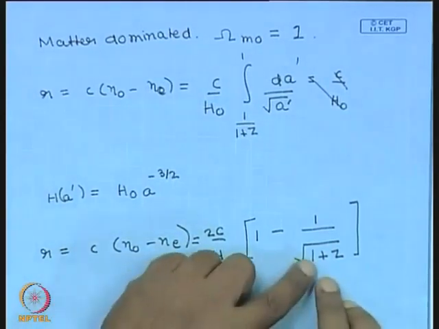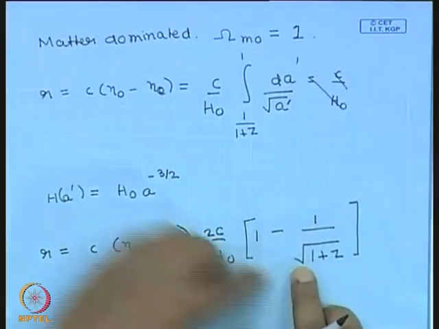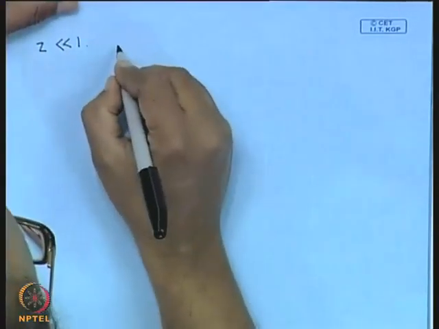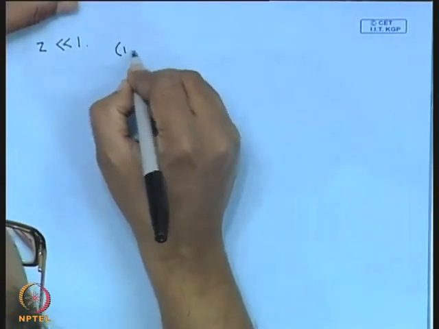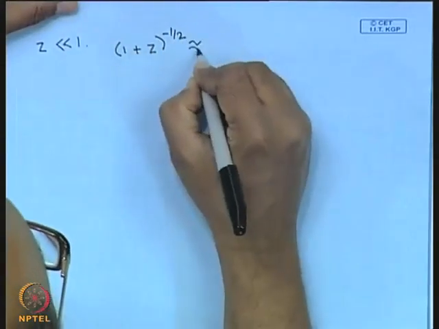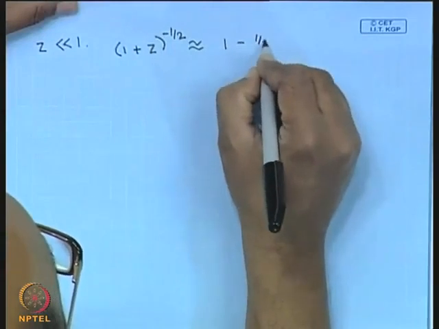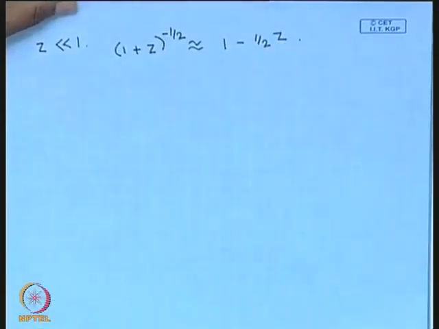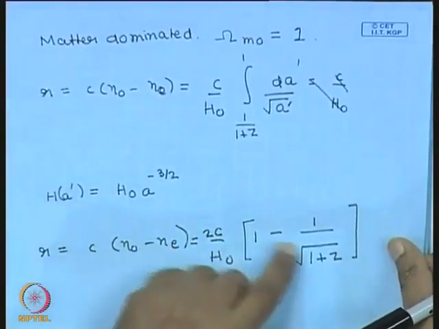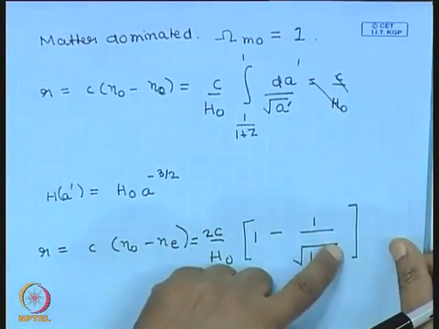In the low redshift regime, we can do a Taylor expansion of this. So if we consider z much less than 1, 1 plus z to the power minus half is approximately equal to 1 minus half z. So what we have here is that r is equal to 2c by H naught times 1 minus half z.